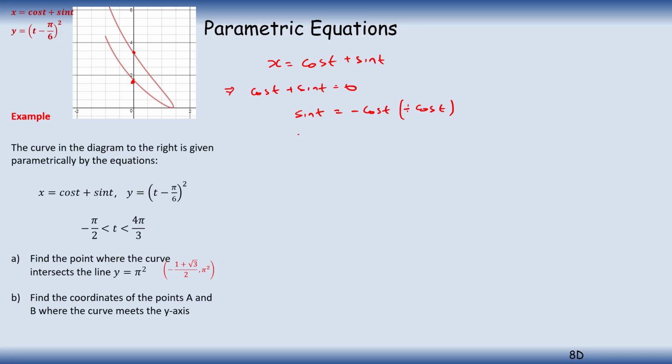So I'm going to have sine t over cos t is equal to minus 1. Sine over cos is tan, which is handy. So tan t is equal to minus 1. And if I use my calculator then, I get t is going to be equal to minus pi by 4.